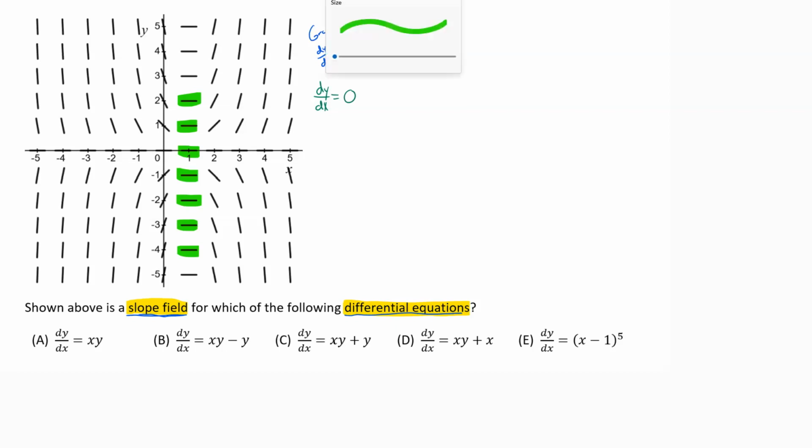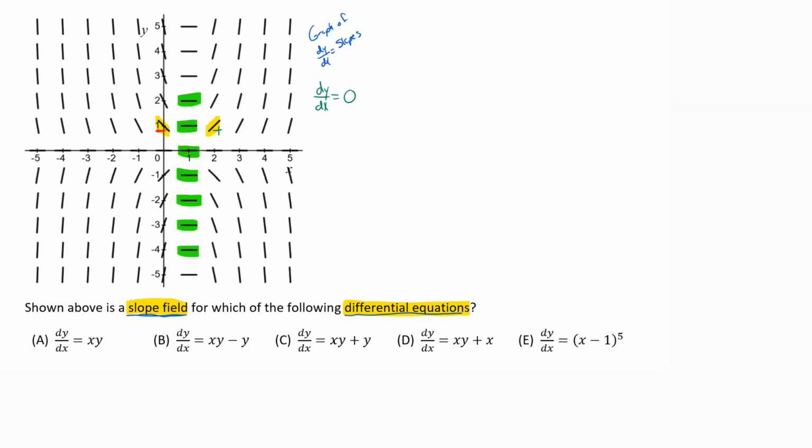On the points beside it, sometimes you might need to use a point on either side to see if it's going positive or negative, but that's all you can read off of this. On the right-hand side here, I know that's a positive slope, so I should get a positive number out when I plug in that point, but I don't know what that number is. And on this other side, I know that's a negative slope, but I don't know exactly what it is. So the safest place to go are these dy dx equals 0 to start with.